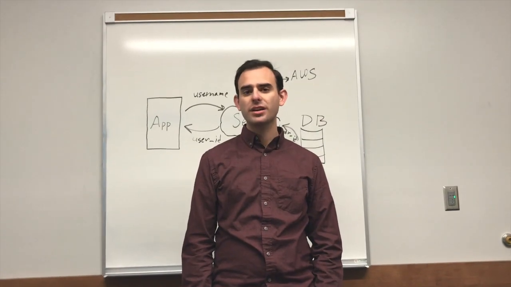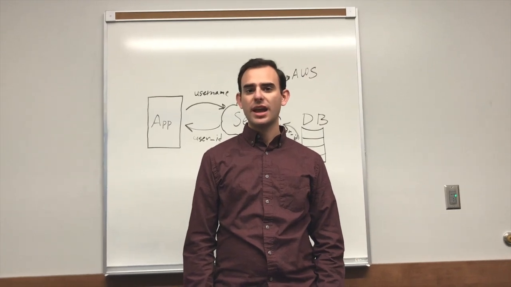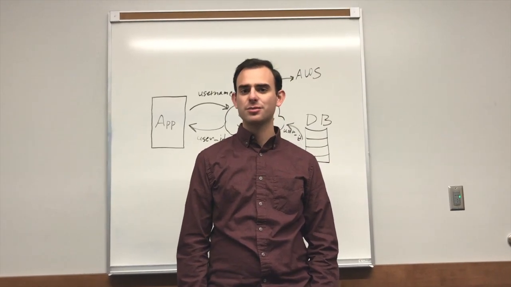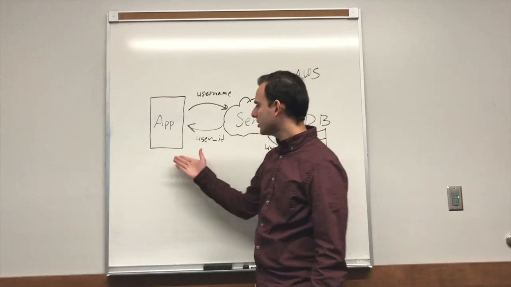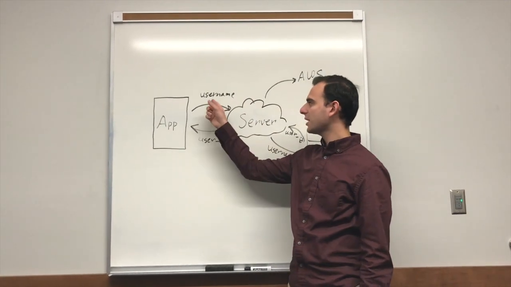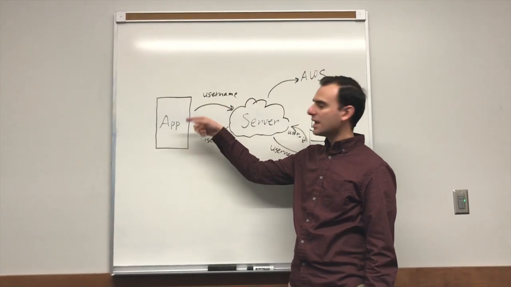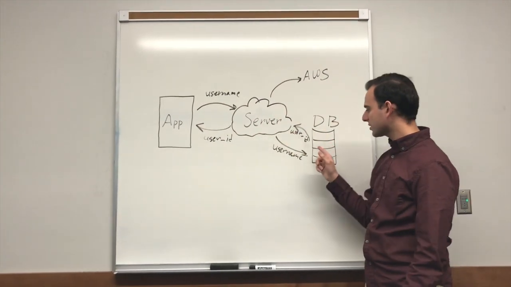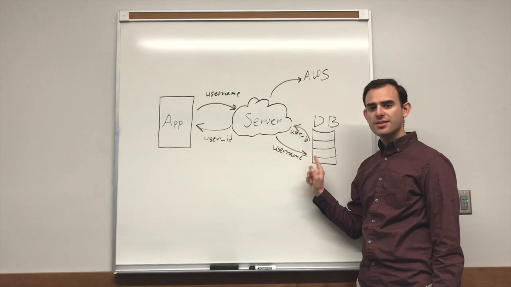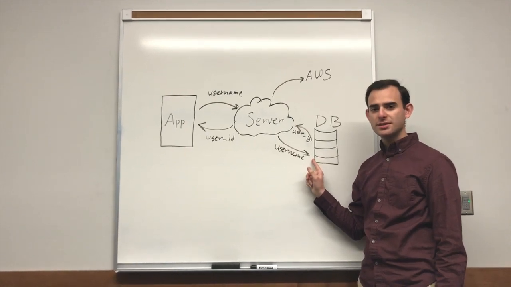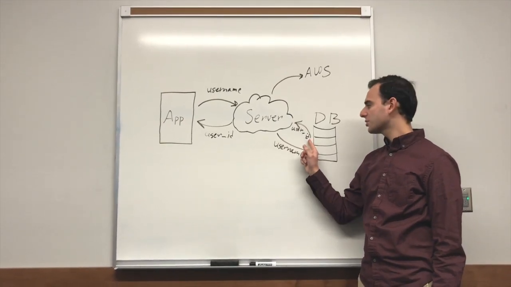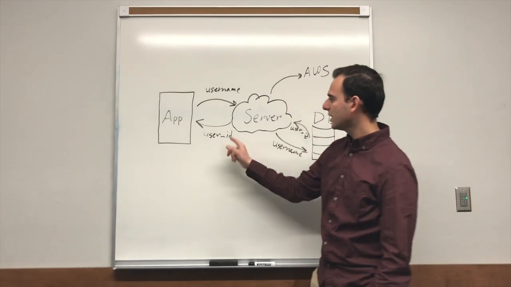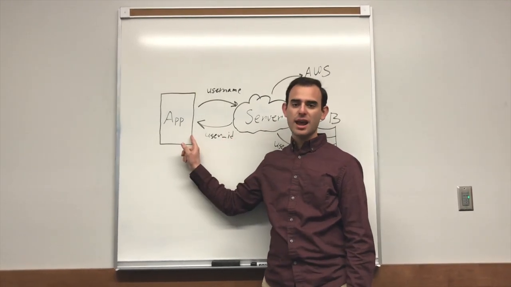I will now explain how a user can log in and the workflow related to this process. A user enters their username into the app, and this username is sent to the server. The server sends a request to the database to make sure that that username is in the database. If it is, a user ID is sent back to the server, and that user ID is sent back to the app.